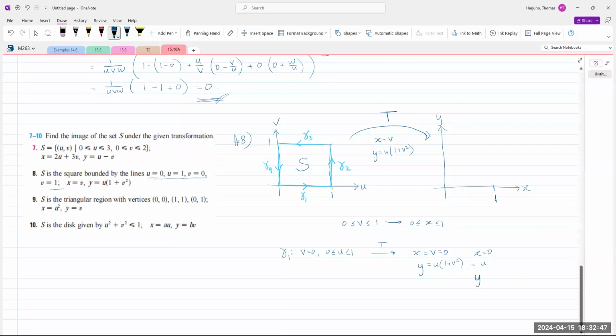So y will be from 0 to 1. So this gamma 1 will travel on x equals 0, y from 0 to 1. This is the image of gamma 1. It goes that way.